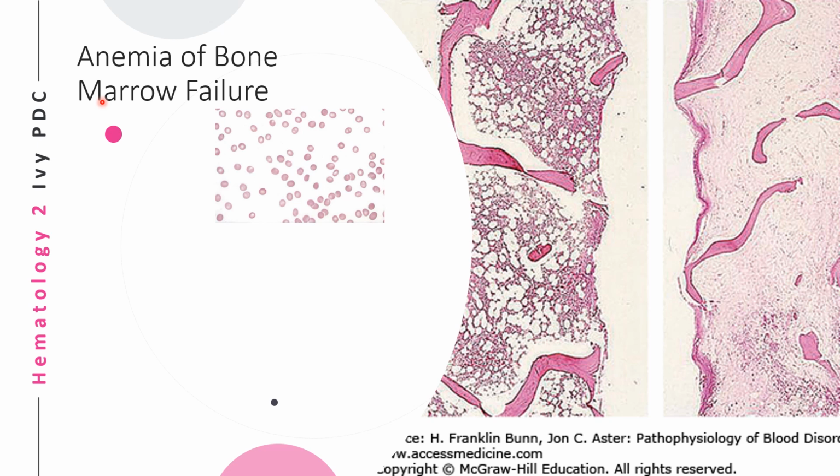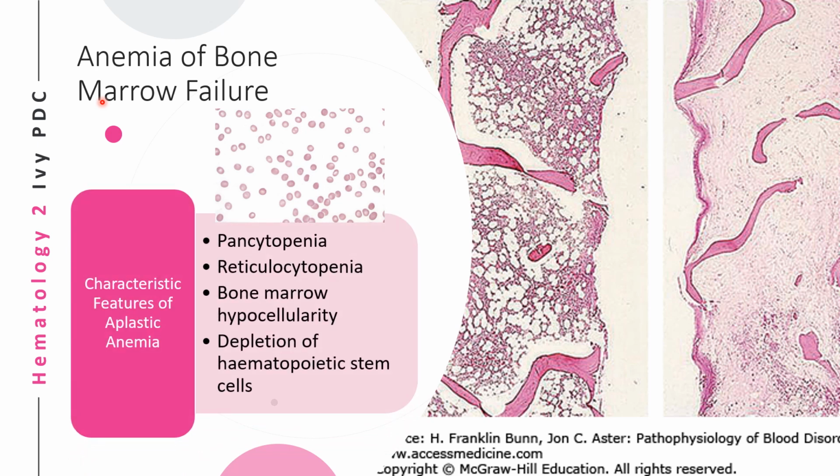As mentioned earlier, an example of anemia of bone marrow failure is aplastic anemia, and these are the characteristic features of aplastic anemia. There will be pancytopenia, meaning that there will be a decreased number of circulating RBC, WBC, and platelets. Reticulocytopenia is the abnormal decrease of reticulocytes in the body.